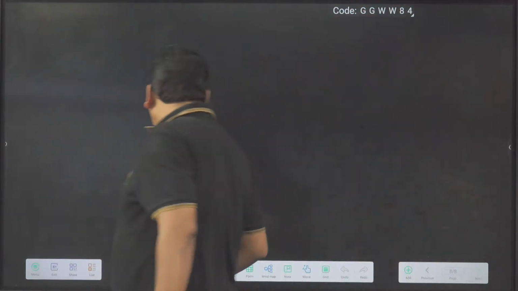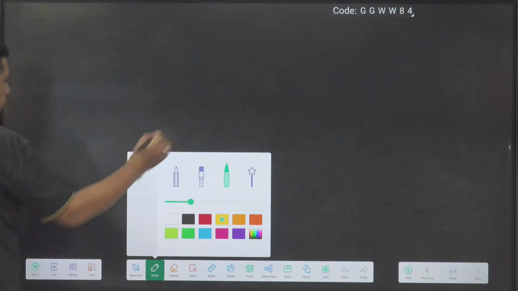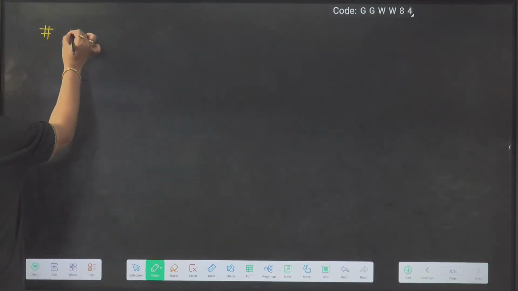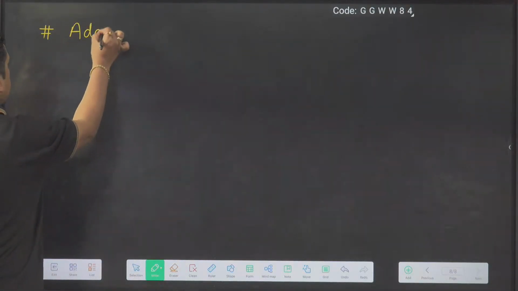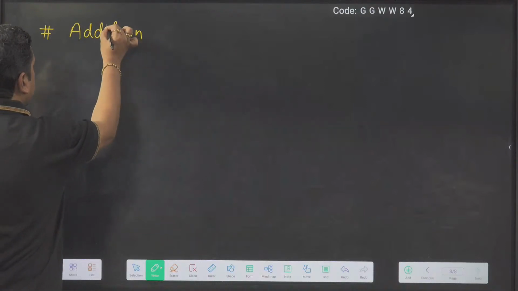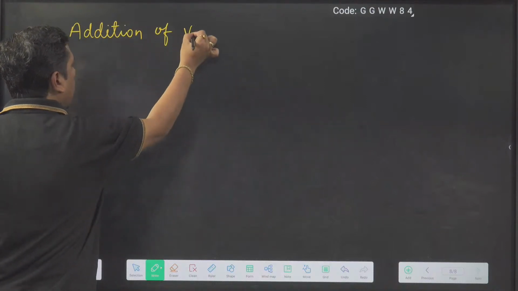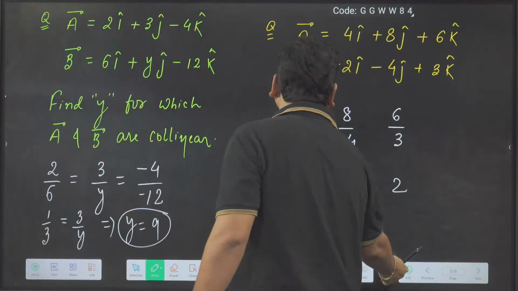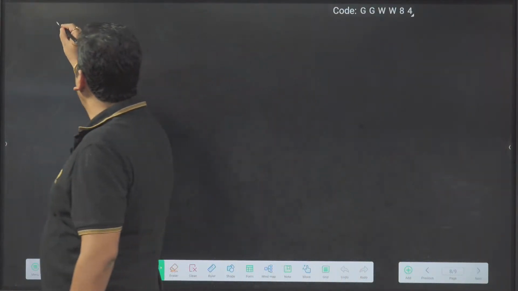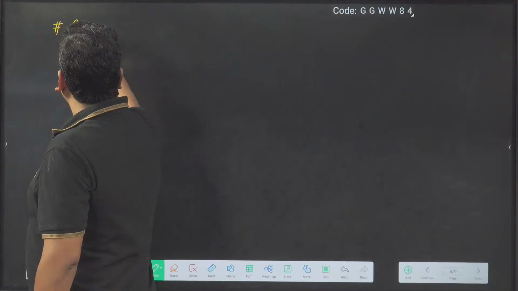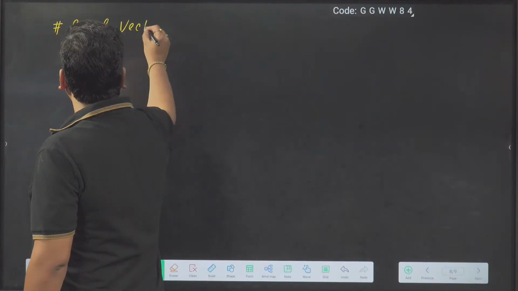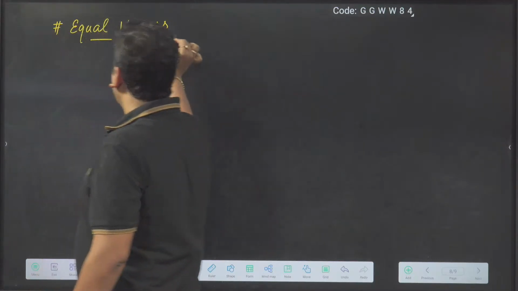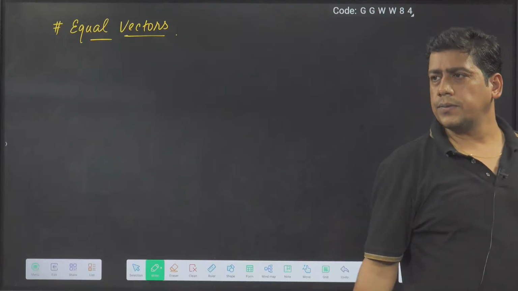Now come to the most important topic, which is addition of vectors. Before that, tell me, what are equal vectors? What are equal vectors?